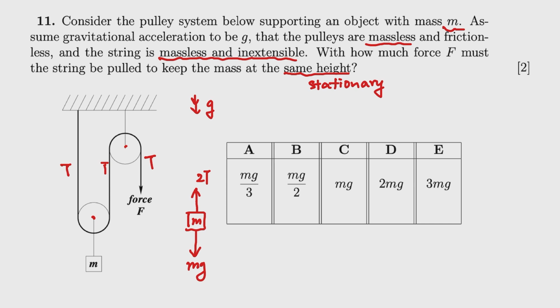We now know that 2T equals mg, and the question says it is pulled by the force F at the end, so that means F equals T. Therefore, 2F equals mg, and F equals mg over 2, which means B is the correct answer.